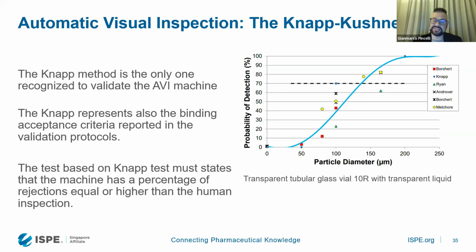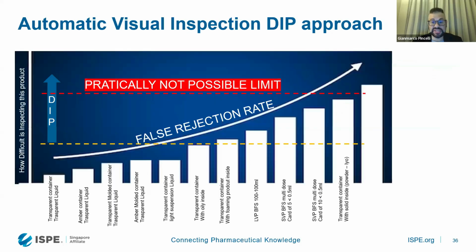So we have a lot of data here, and we can state for sure that in a transparent tubular glass container, 10R, if the operator takes 5 seconds on the white and 5 seconds on the black, 70% detectability is reached at about 140 microns of black particle inside the product. On average. So it doesn't matter which is the minimum particulate that the automated machine can reject, because it should be equal to or better than a human. This is an example for this type of container.